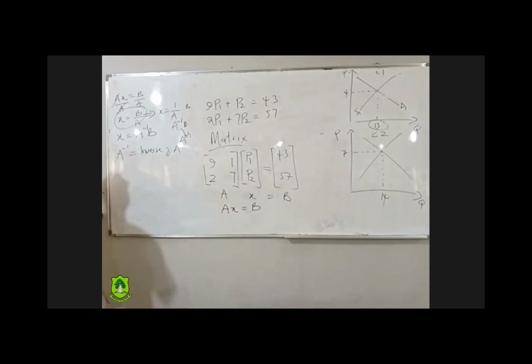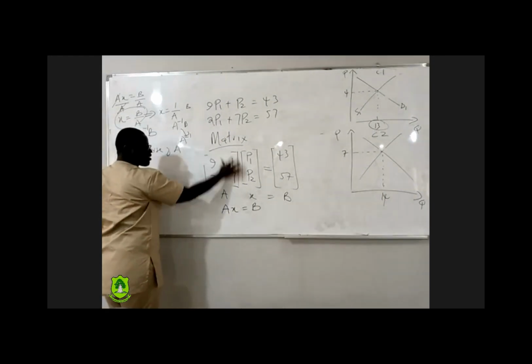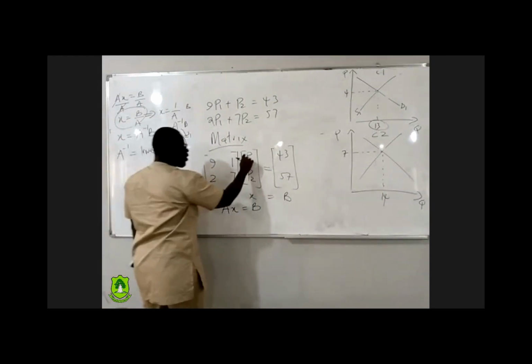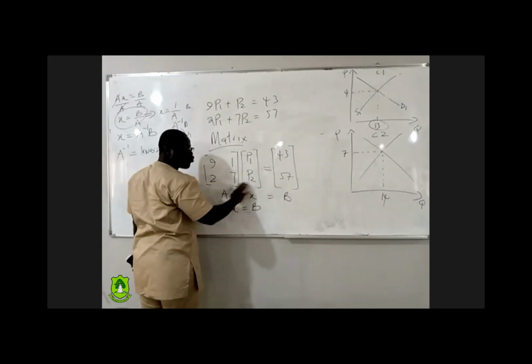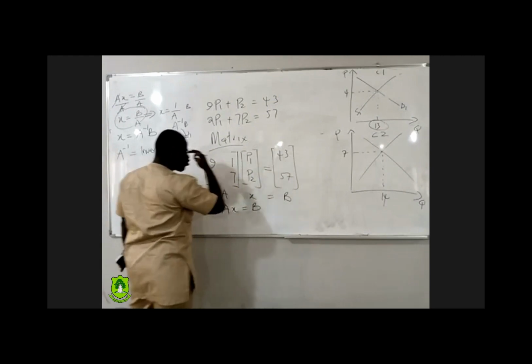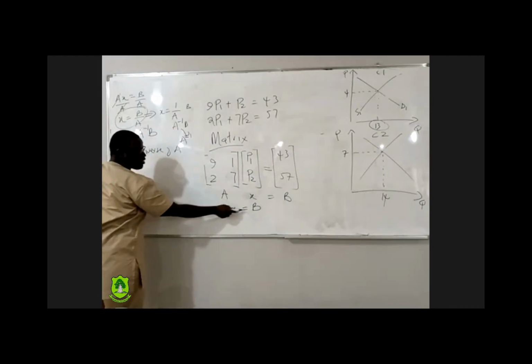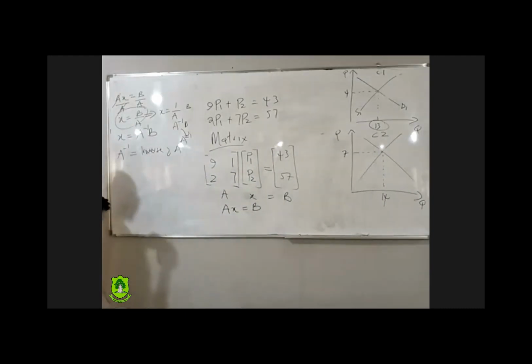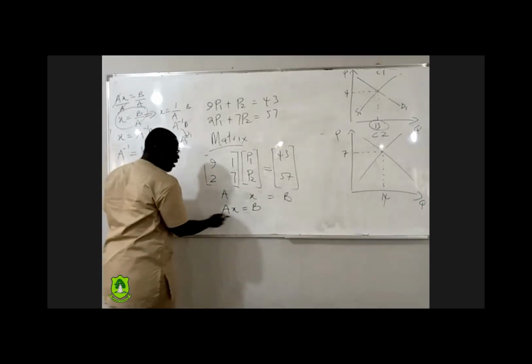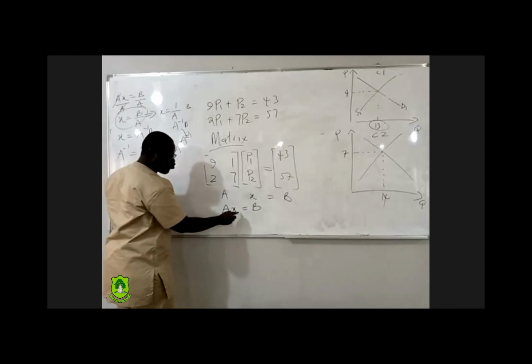Okay. Here, we have X, which is unknown, we don't know it, and then we have B. So which means that A times X is equal to B. What don't we know? We don't know X. So if you don't know something and they are multiplying, what do you do to get it?